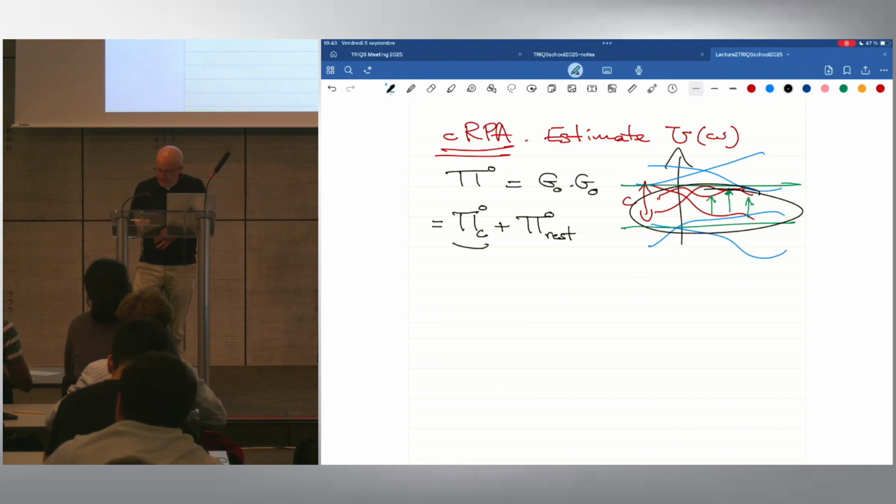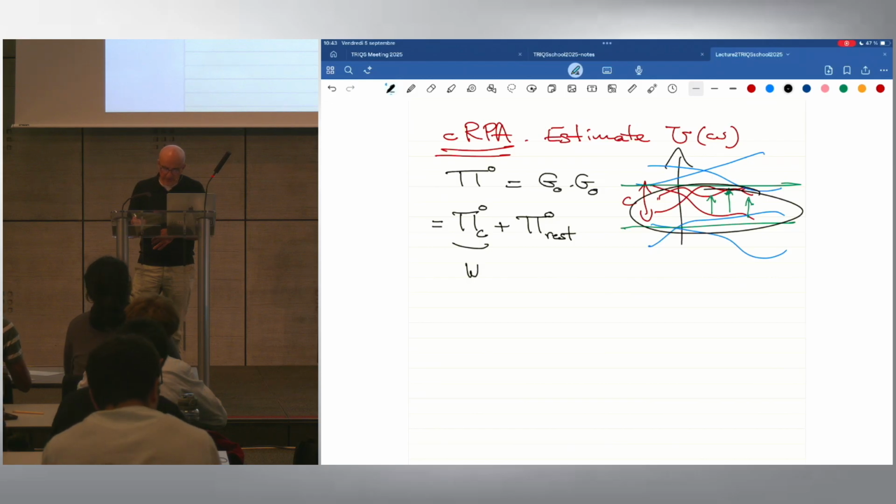And if I write the RPA equations, it tells me that W minus 1 at the RPA level is V minus 1 minus this pi, which is now pi rest minus pi correlated.